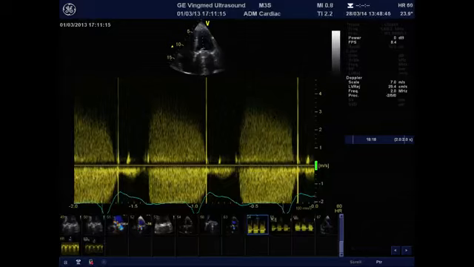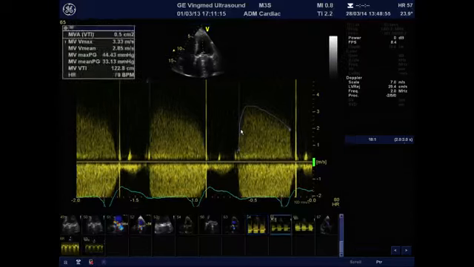And also you can see here that there's a click missing for the opening of the prosthesis. When you trace the envelope, you can clearly see that the mean gradient is really elevated, at 33 millimeters of mercury. And as we measure everything we need for the continuity equation, you can assess the effective valve area, and it's really low, actually 0.5 square centimeters.